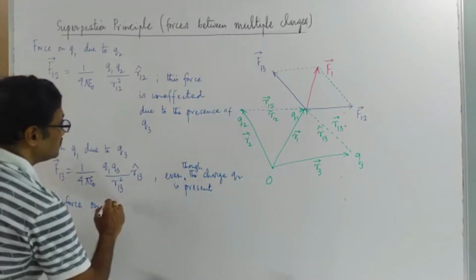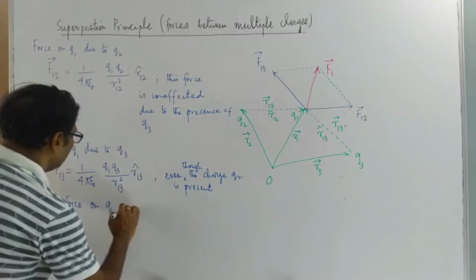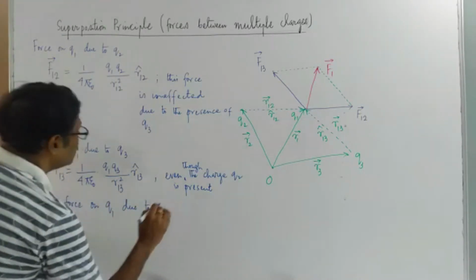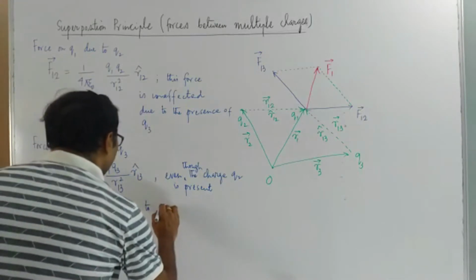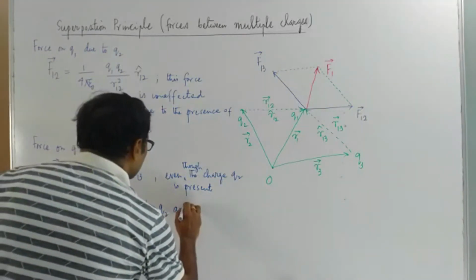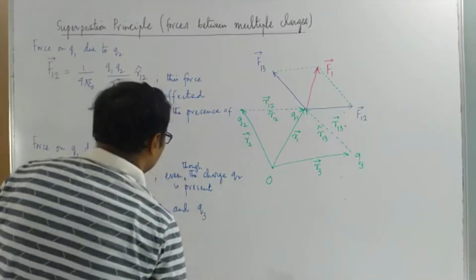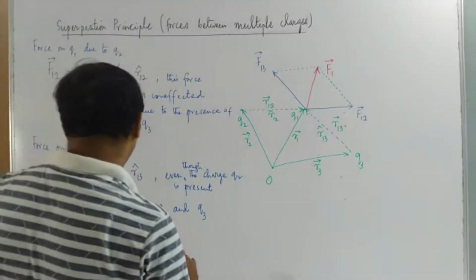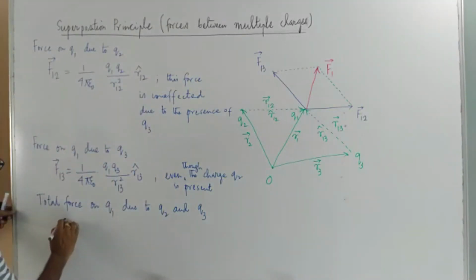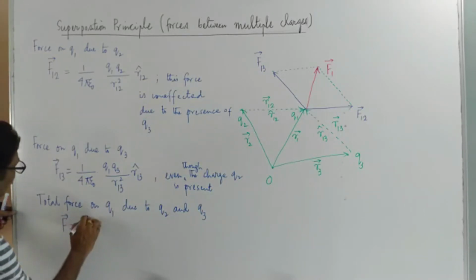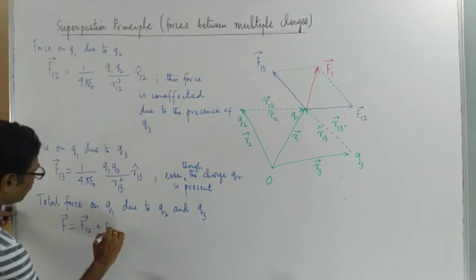So we can easily say that the total force on Q1 due to Q2 and Q3 is F equal to F12 plus F13.